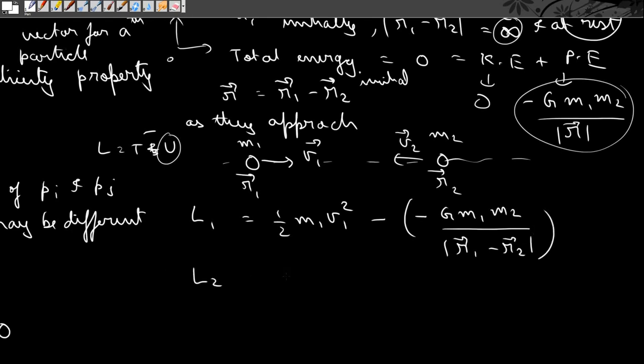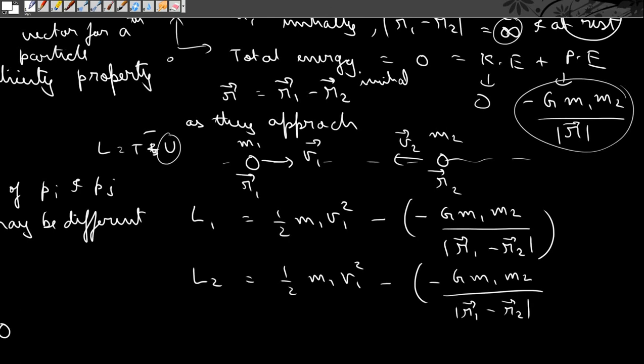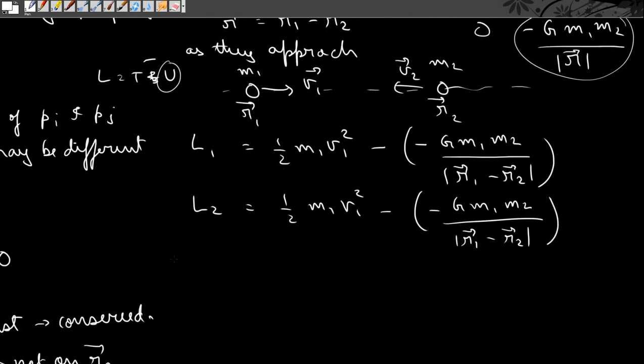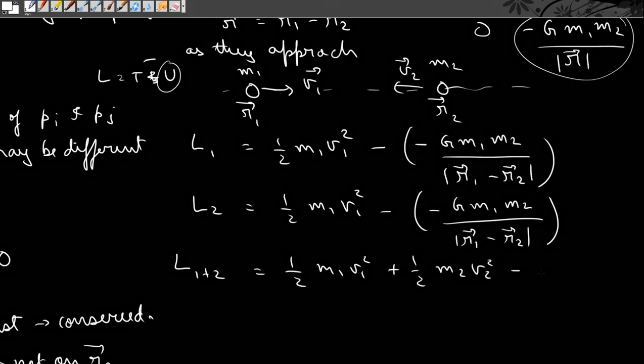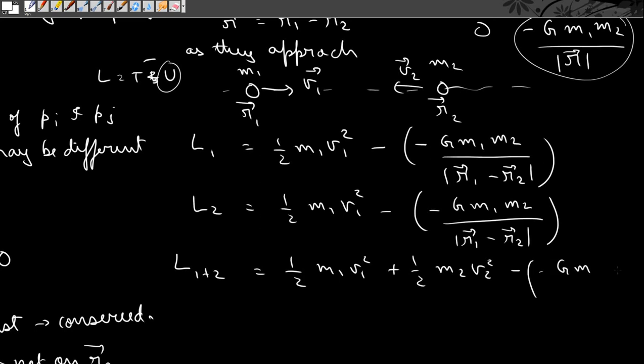Similarly L2 is half m2 v2 square minus G m1 m2 by mod R1 minus R2. But L1 plus 2 is half m1 v1 square plus half m2 v2 square minus G m1 m2 by R1 minus R2.